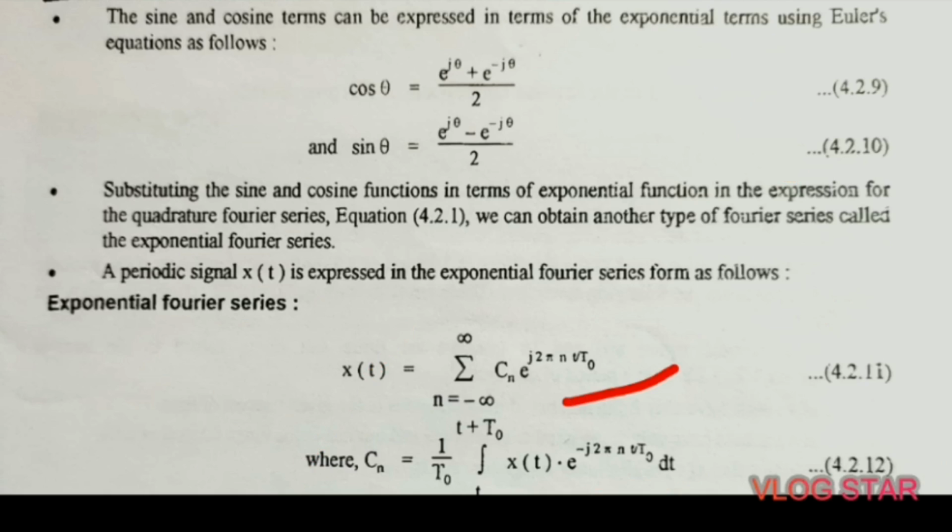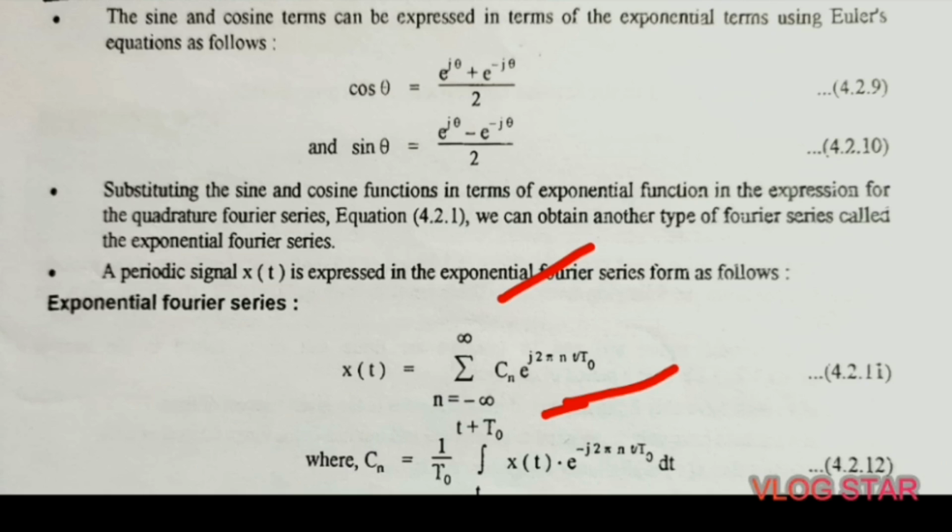Due to this, frequencies in the frequency spectrum will extend from minus infinity to plus infinity. Thus, if we express the signal x of t using the exponential Fourier series, then we obtain a double-sided frequency spectrum. However, the negative frequency signals do not exist physically. They are used as an important mathematical concept and for mathematical convenience.